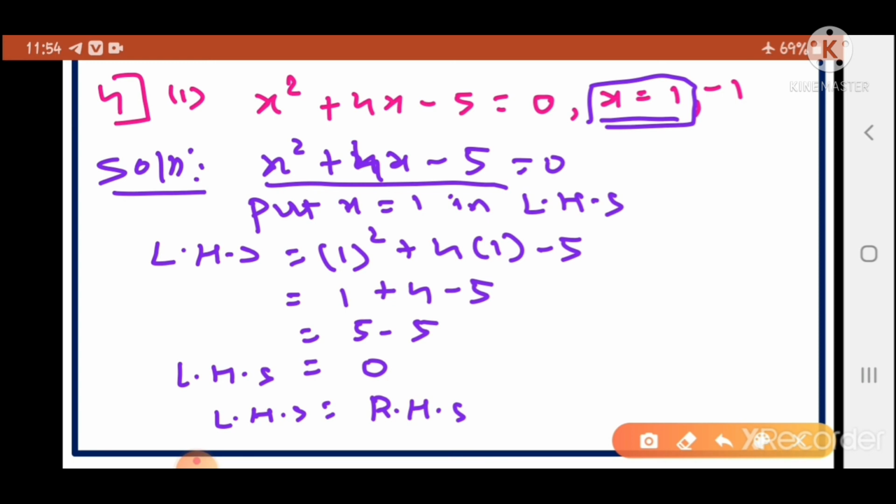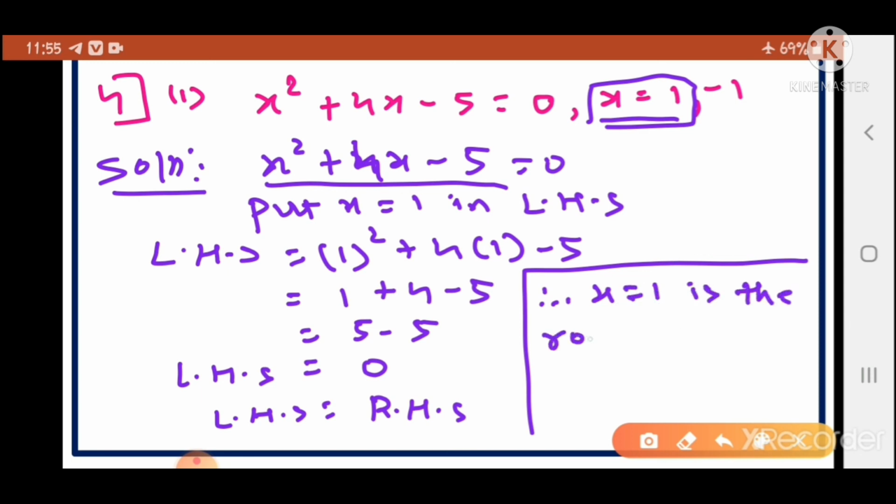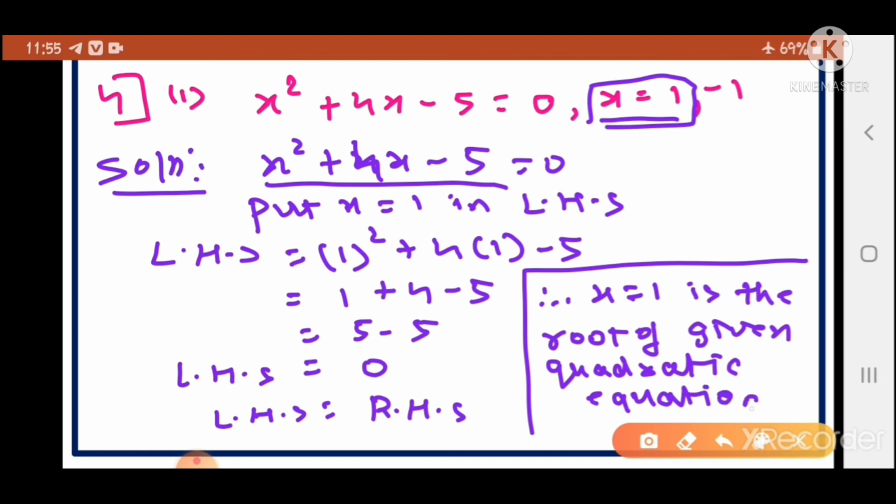So therefore we can say that x is equal to 1 is the root of given quadratic इक्वेशन. तो अगर LHS इक्वल टू RHS होता है देन ओनली वी कैन से दैट इट इज़ अ रूट ऑफ द गिवन क्वाड्रेटिक इक्वेशन. अगर नहीं होता है तो इट विल बी नॉट अ रूट ऑफ अ गिवन क्वाड्रेटिक इक्वेशन. ये समझ में आ गया आपको?